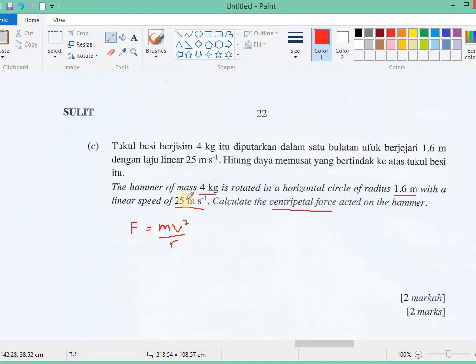So the mass is 4 kg, the velocity is 25 squared, the radius is 1.6 meter. So we get 1562.5 Newton.